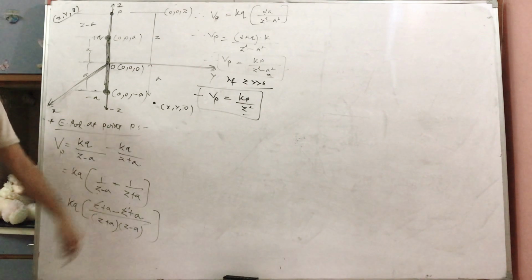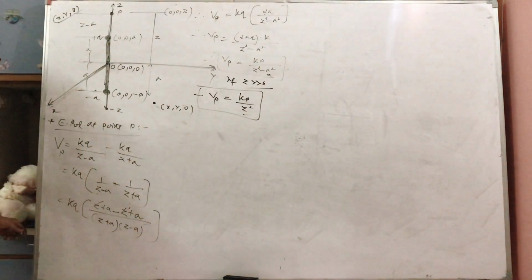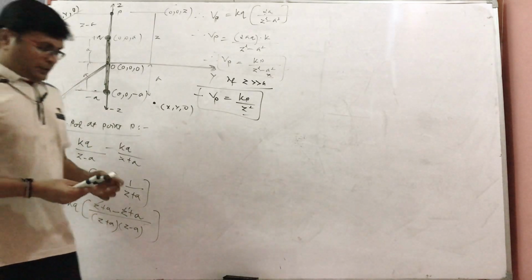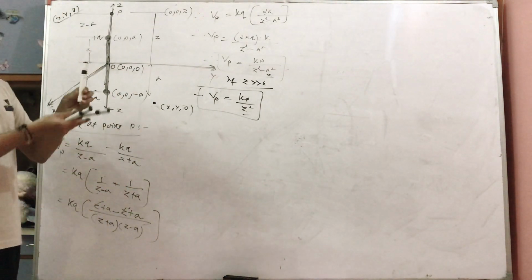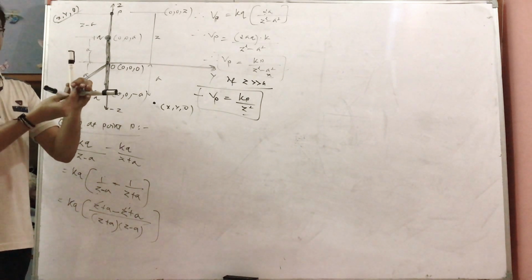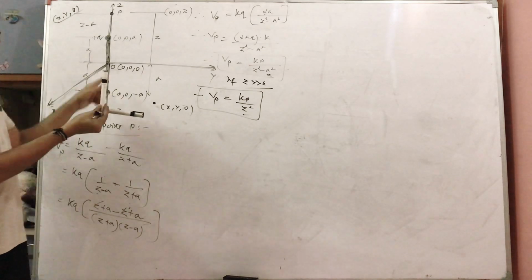Now how to discuss this properly, I am going to explain here. So you can see three axes, z, y and x. This is your z axis, this is your y, and this is x.